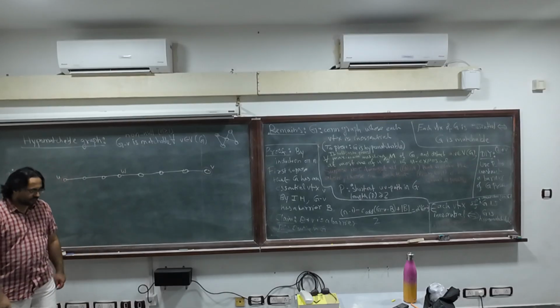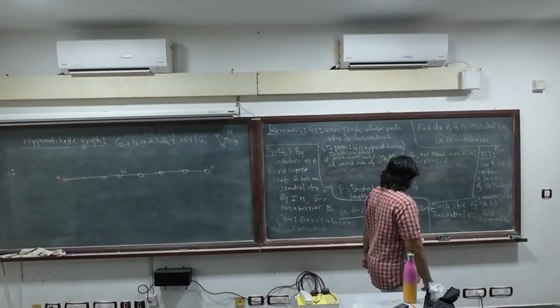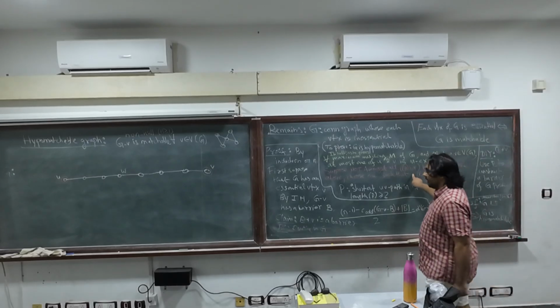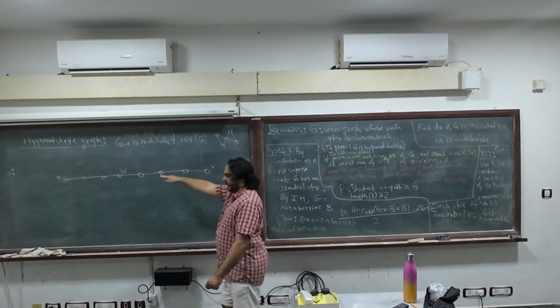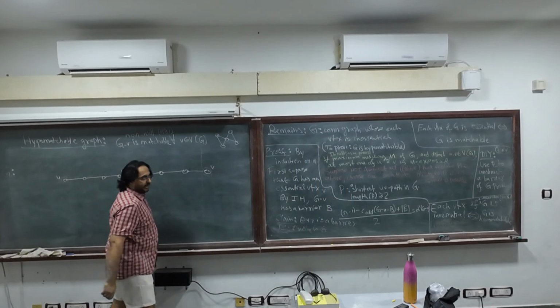What can you say about the internal vertices of this path? As per our choice, they are all matched. M covered, M saturated. Because we chose to minimize the distance between U and V, it follows that all these vertices are M saturated.